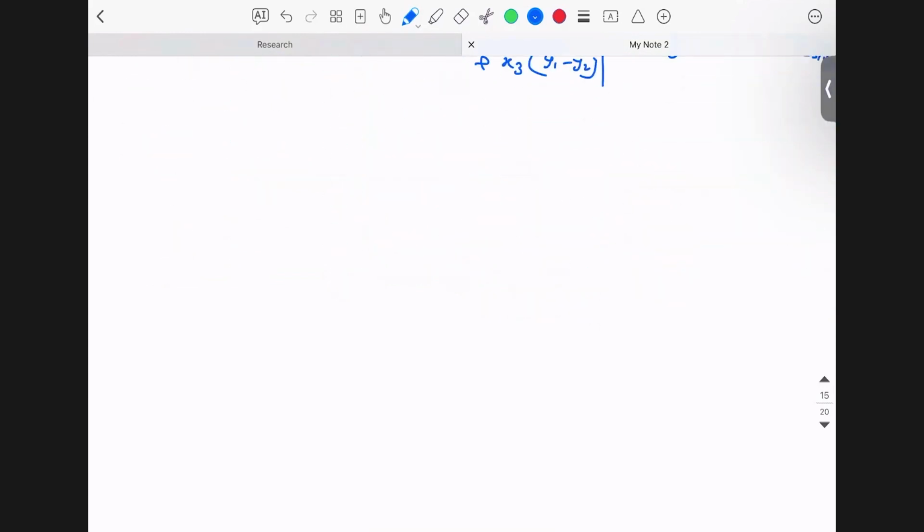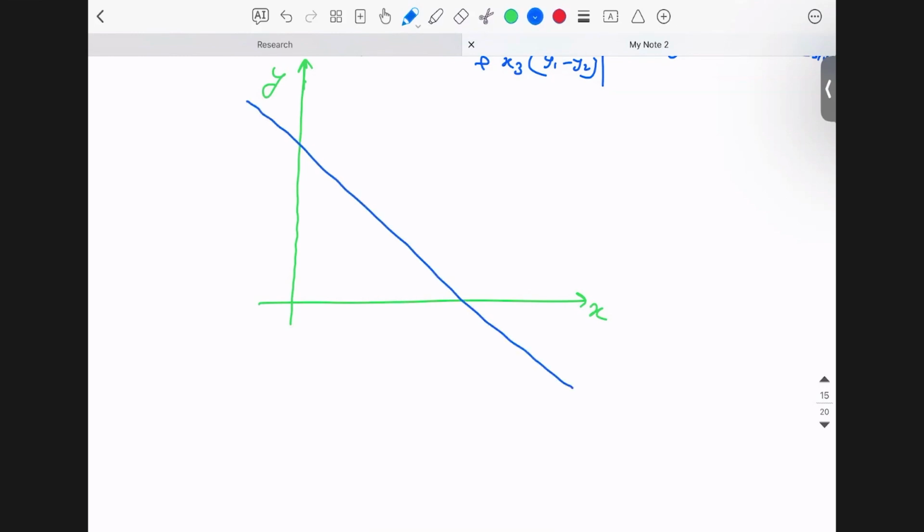Now come to the case where we are going to find the shortest distance between a point and a straight line. Suppose this is our x-axis and y-axis, and this is our straight line, of the form ax plus by plus c equals 0.